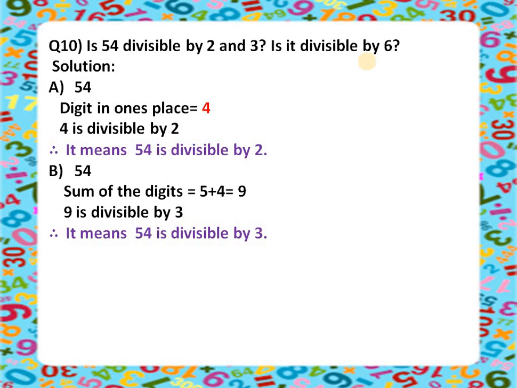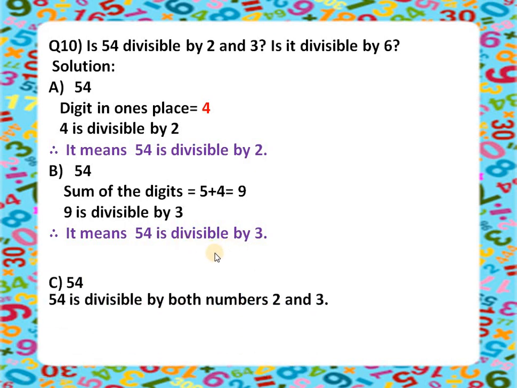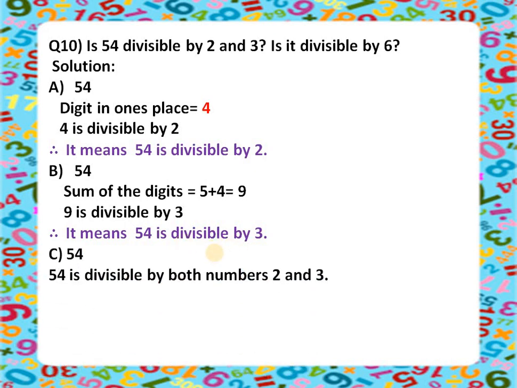The divisibility rule of 6 says a number is divisible by 6 if it is divisible by both 2 and 3. So we write down part C: 54 is divisible by both 2 and 3. In this way, we can say it is also divisible by 6.